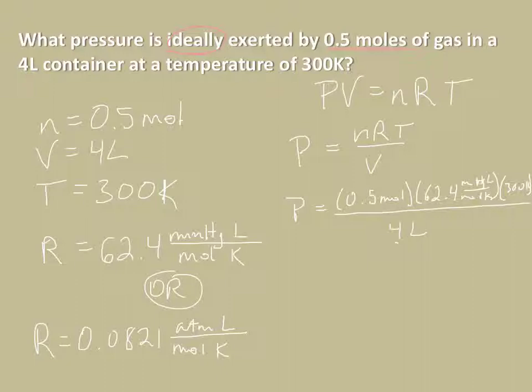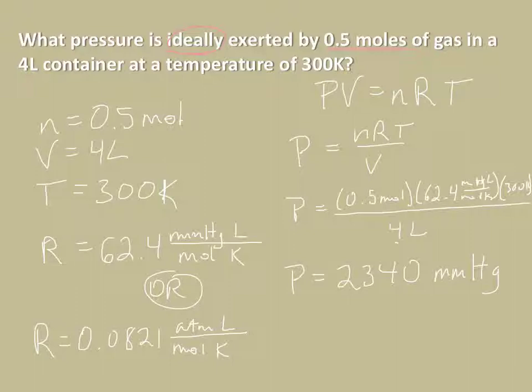In this example, I chose to go with the 62.4 millimeters of mercury liter per mole Kelvin to solve the problem. Therefore, my final answer is expressed in millimeters of mercury because that's the unit of pressure in the R value of 62.4.